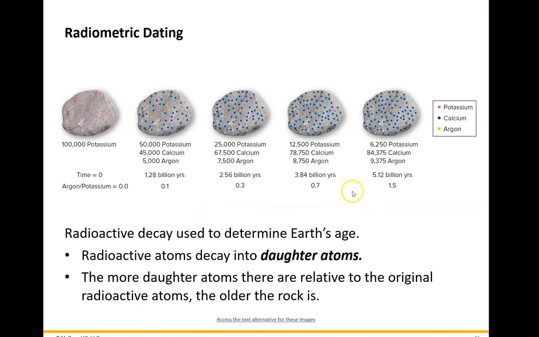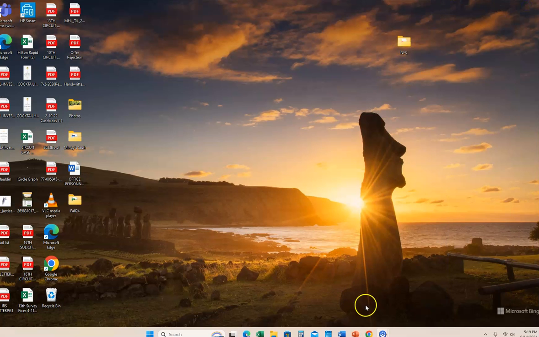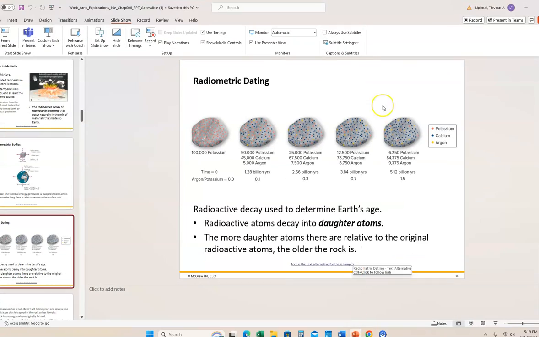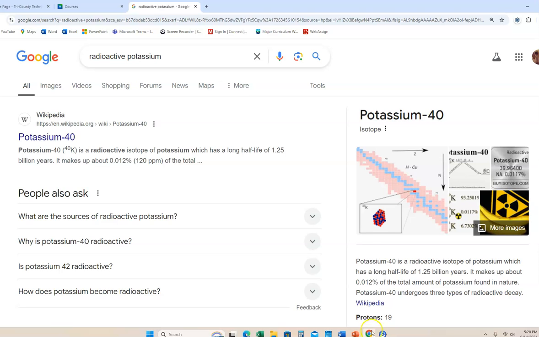But to go back much further, you have to use atoms that have really long half-lives. For example, there's a type of potassium called potassium-40. Let me pull it up on Wikipedia. Okay, there it is.